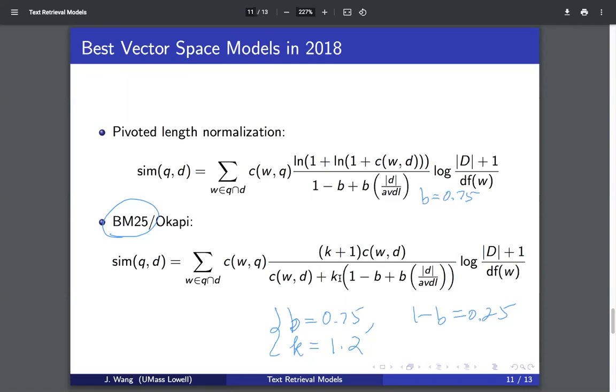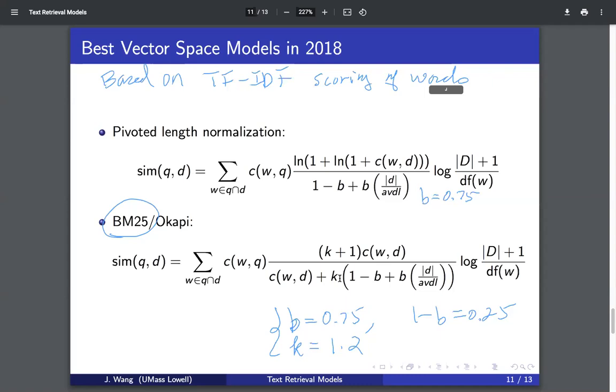So that's the vector space model based on TF-IDF scoring of words.